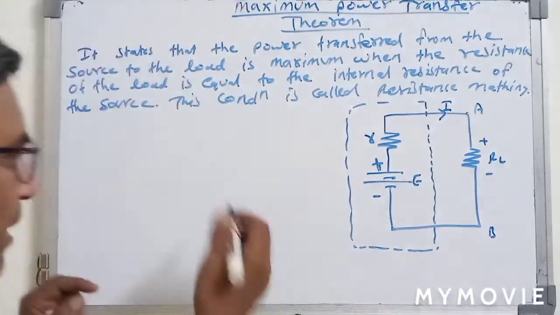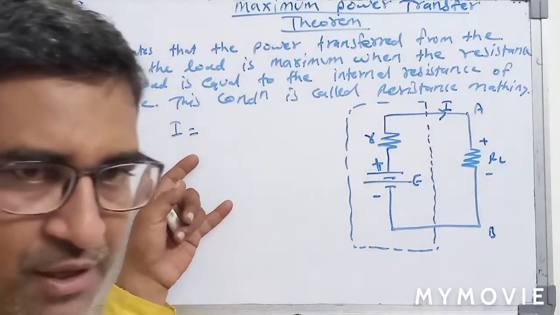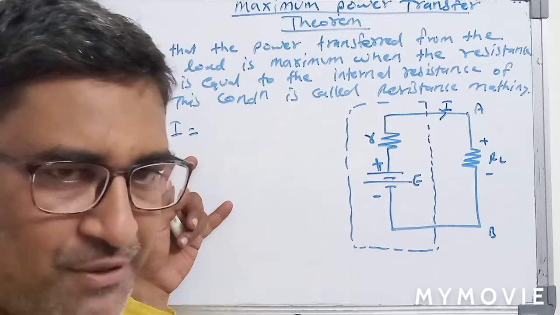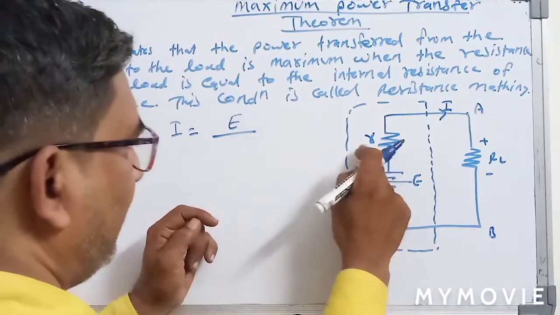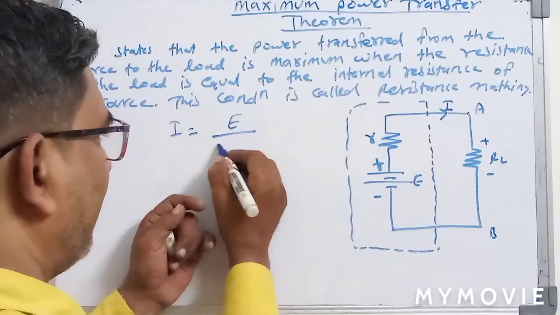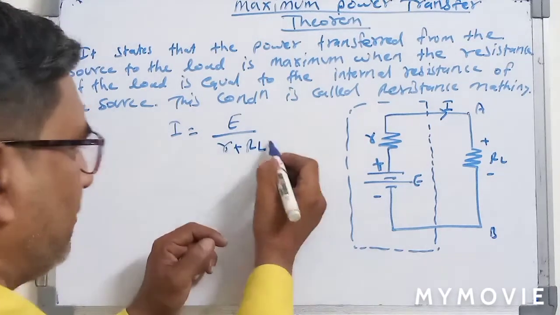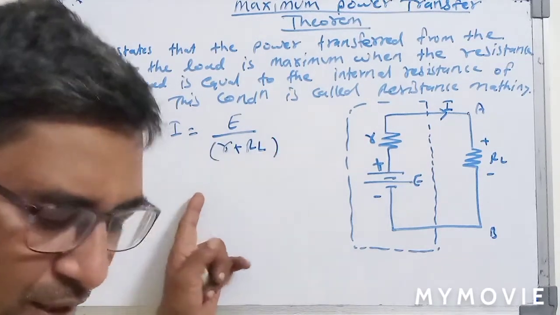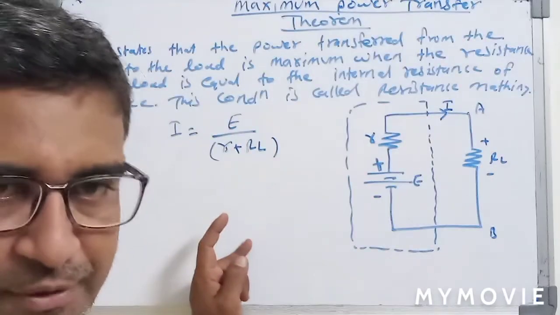For that, you have I equal to E divided by r plus RL, since the internal resistance r and the load RL are in series. This value will give you the current. Then if the power is transferred to the load, you will get the value P. What is the power transferred to the load?